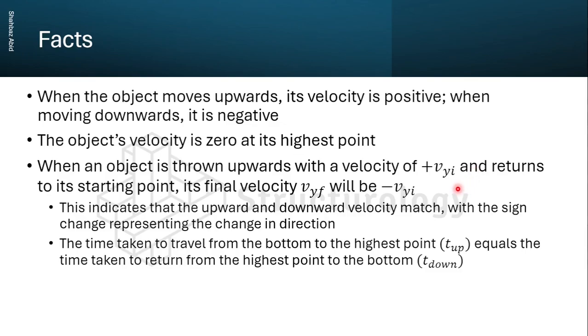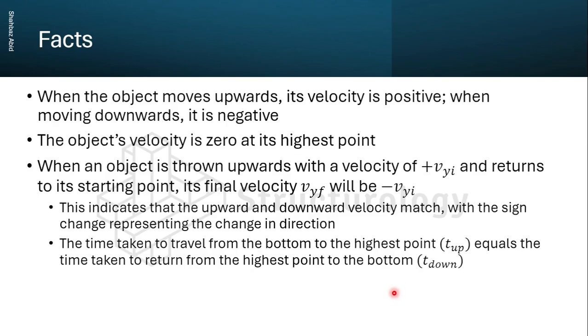When the object is thrown upward with the initial velocity, let's say positive vy initial, and returns to the same starting point from which it was thrown, its final velocity is going to be the negative of the initial velocity. This negative indicates that the velocity magnitude remains the same, but only the direction has shifted from upward to downward.